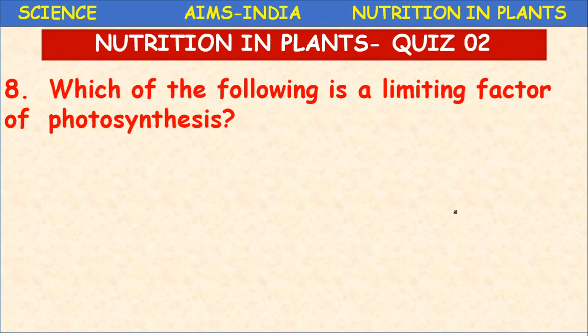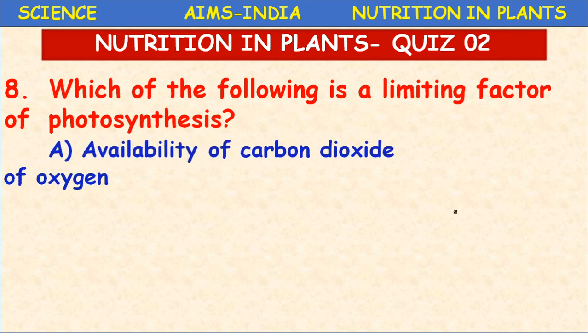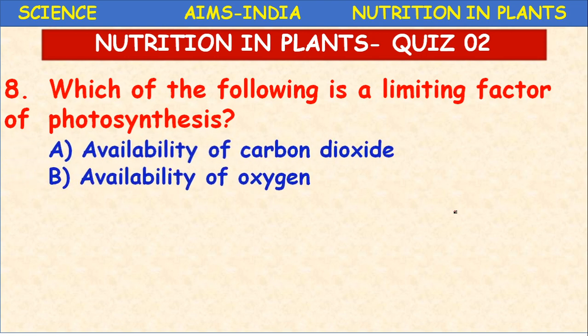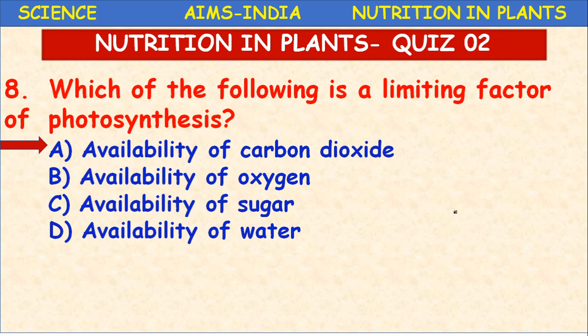Next, which of the following is the limiting factor of photosynthesis? Means most important. Availability of carbon dioxide, availability of oxygen, availability of sugar, availability of water. So availability of carbon dioxide is the limiting factor.